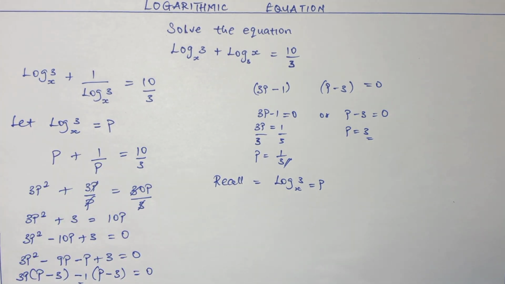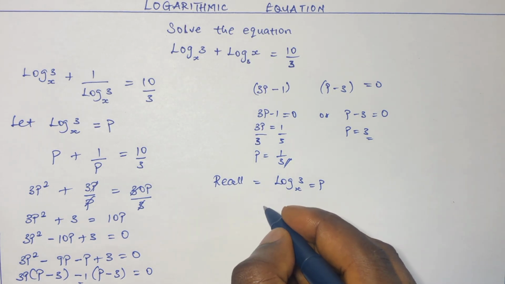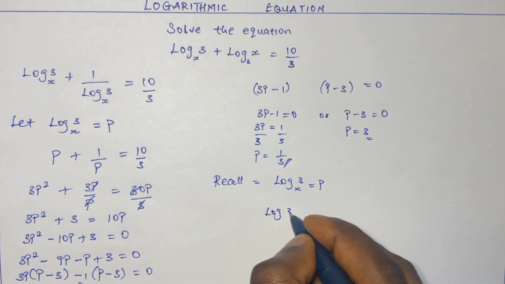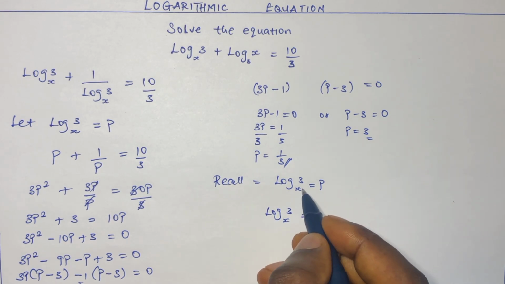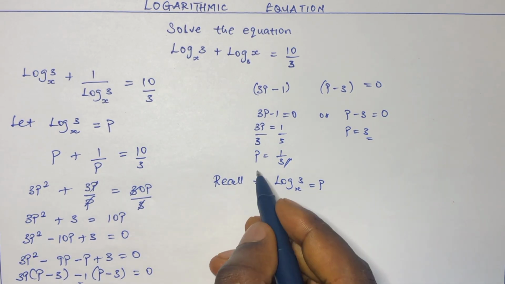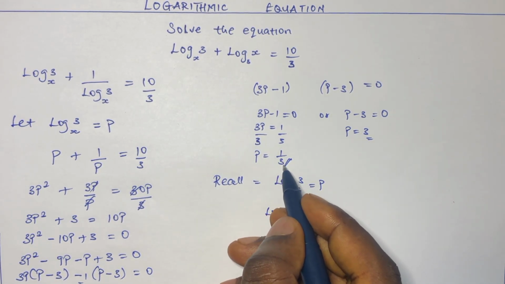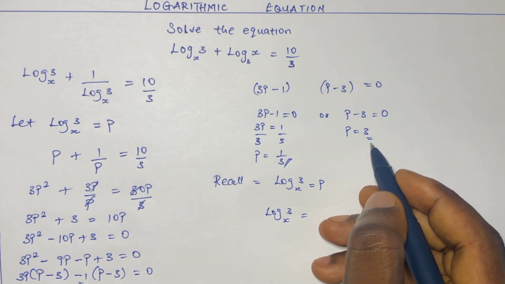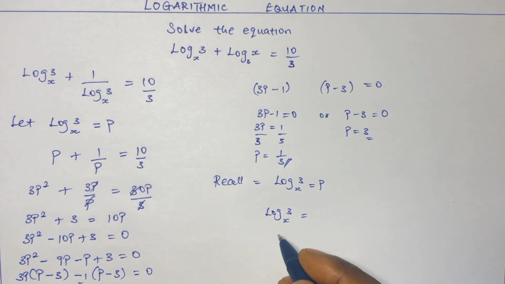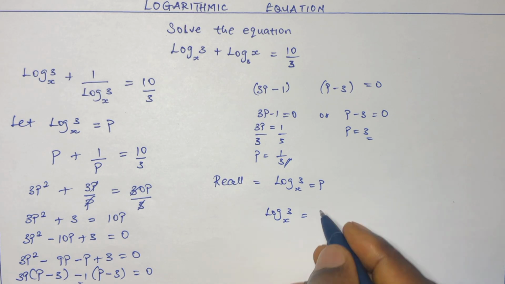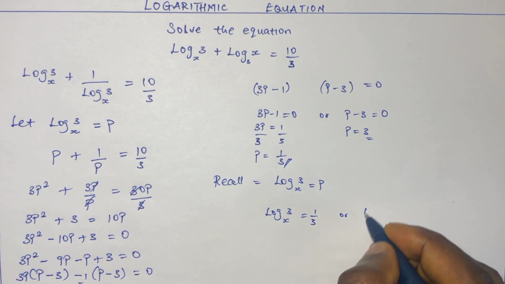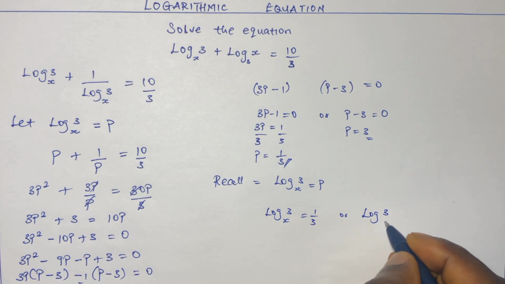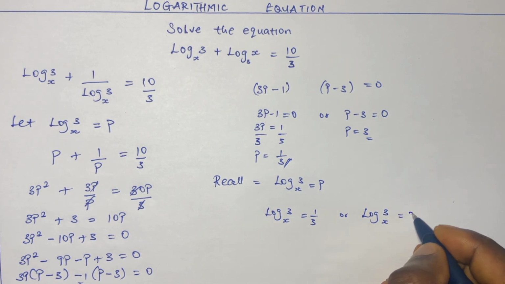So what this means is, because log 3 base x is equal to p, and p is equal to 1 over 3, or p is equal to 3, we can say that log 3 base x will also be equal to 1 over 3, or log 3 base x will be equal to 3.